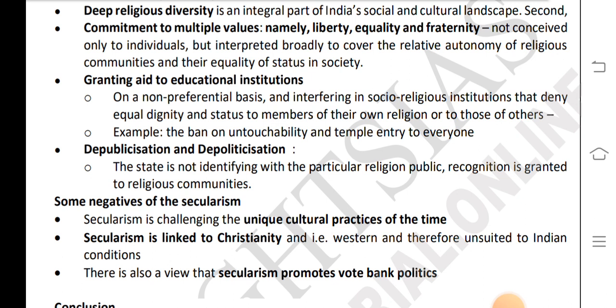Examples: the ban on untouchability, and temple entry for everyone.